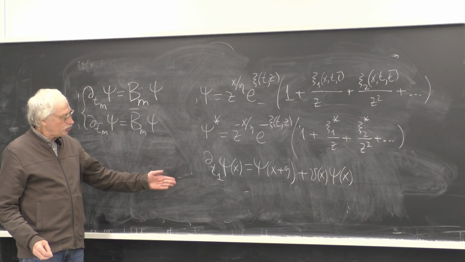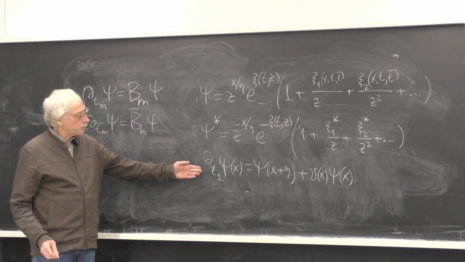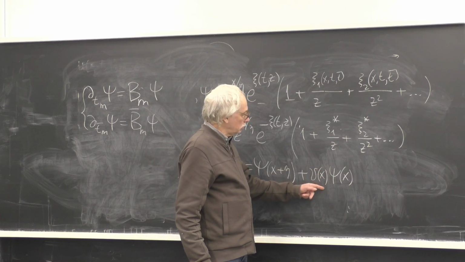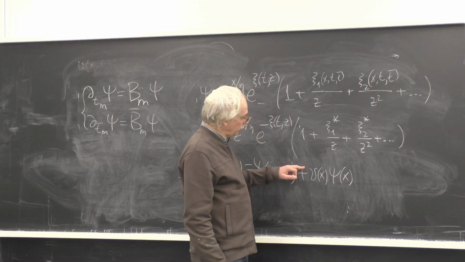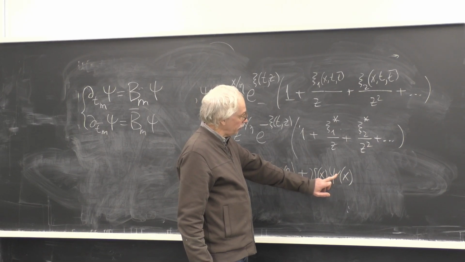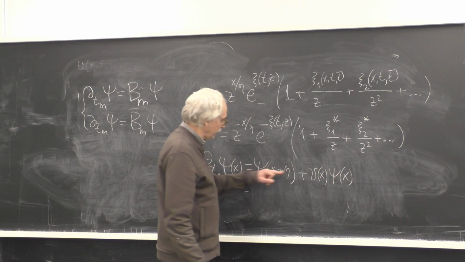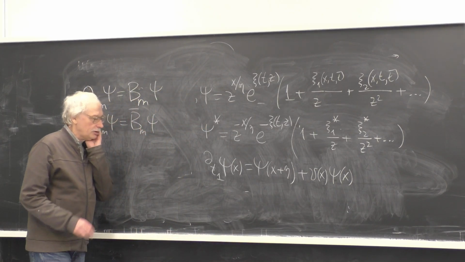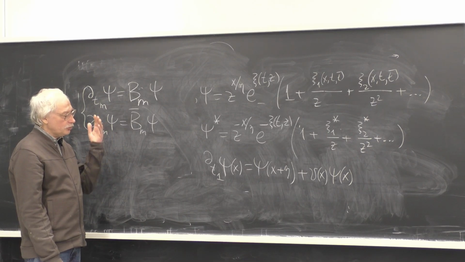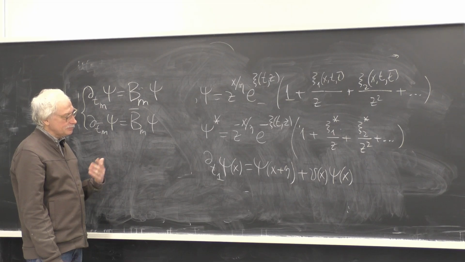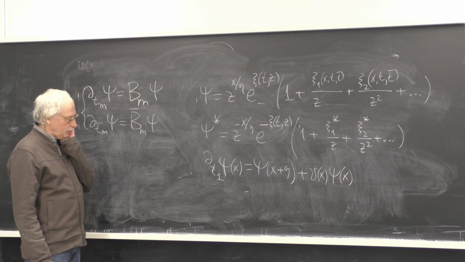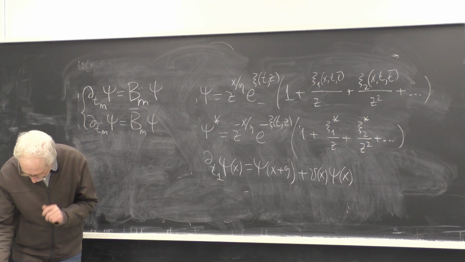And our strategy will be to take the elliptic ansatz for V and the corresponding ansatz for psi, substitute them into this equation and cancel poles. In this way, you will obtain some system which eventually can be reduced to the Ruijsenaars-Schneider system.